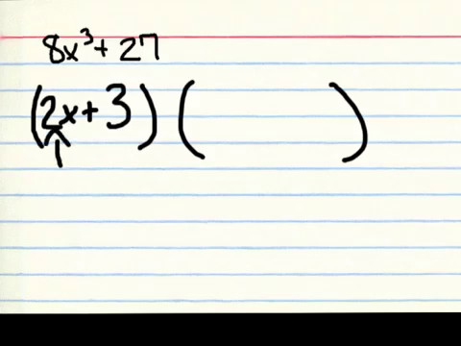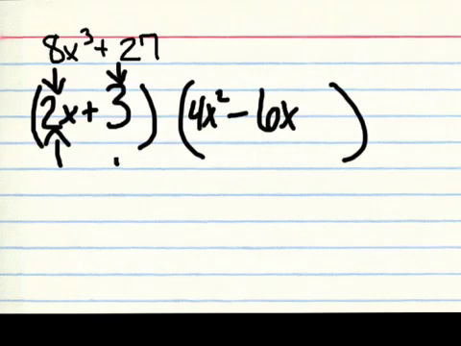Now we square this, so we get 4x squared minus this number times this number. So 3 times 2 is 6, and we keep the x. And now we take the last number squared. So 3 squared is 9. So your final answer would be 2x plus 3 times the quantity of 4x squared minus 6x plus 9.